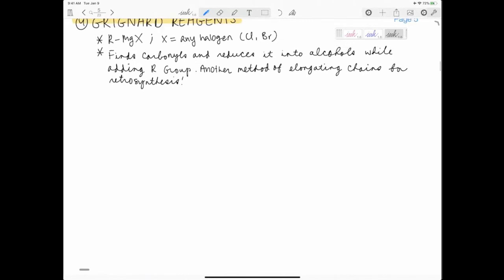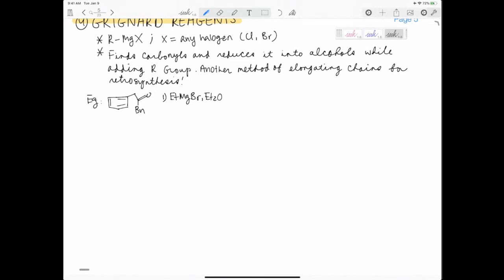Okay, so let's look at this example. Right here we have a ketone, and let's say I'm adding ethyl magnesium bromide and diethyl ether.